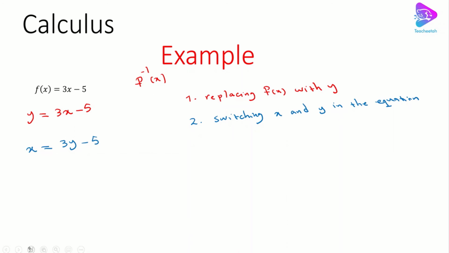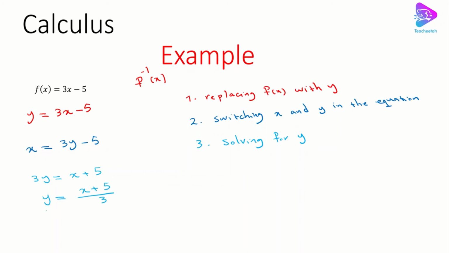And the very last step is solving for y. So we need to solve and rearrange everything based on y. Therefore, this equation would be 3y equals x plus 5, and then y equals x plus 5 over 3.